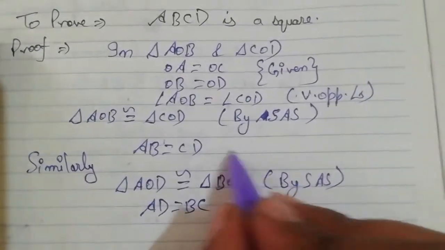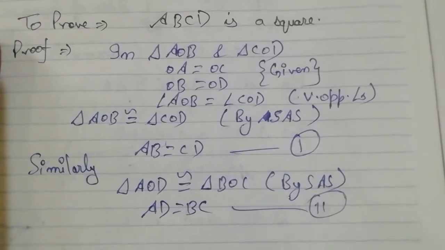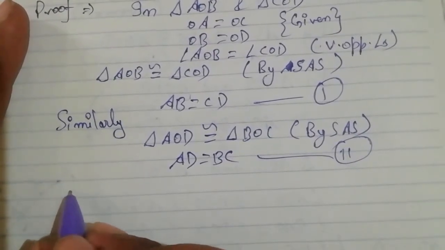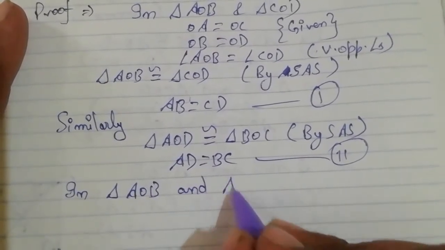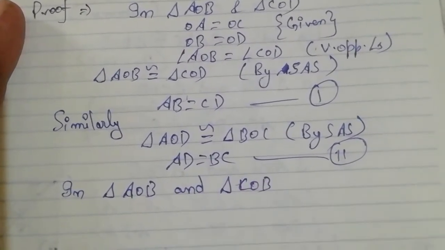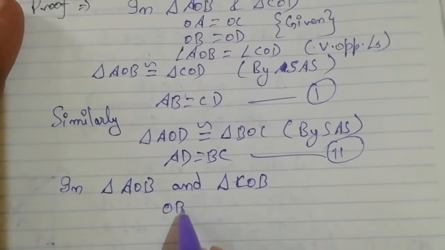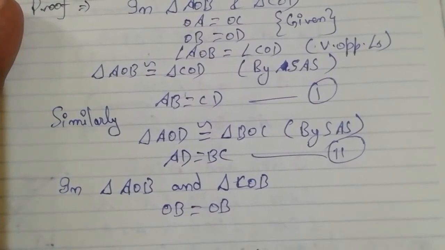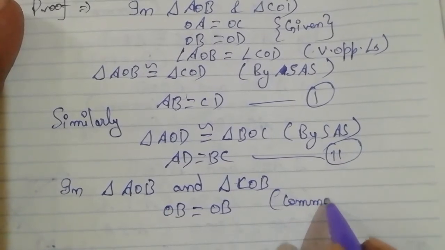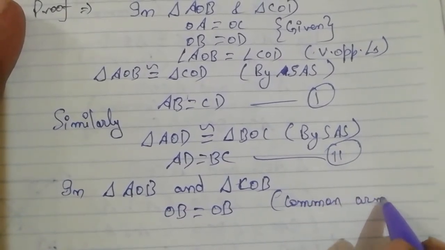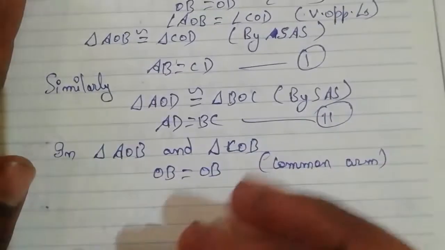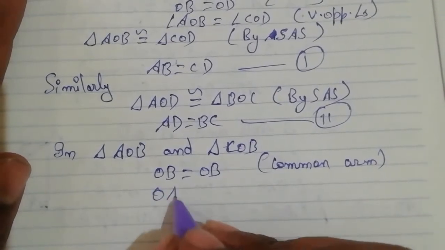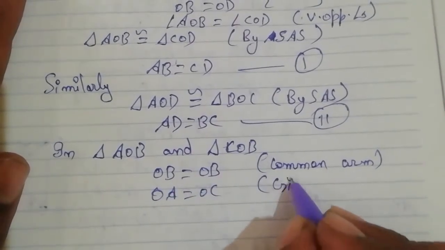Okay, so let us consider this as our first equation, this is second, and look, now in triangle AOB and triangle COB, in both these triangles we have a common side, that is OB is equal to OB. Now in these two triangles OA is equal to OC, it is given.